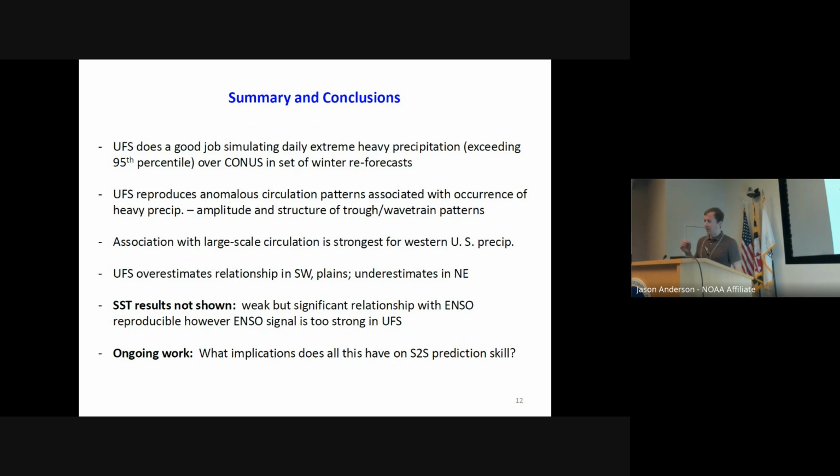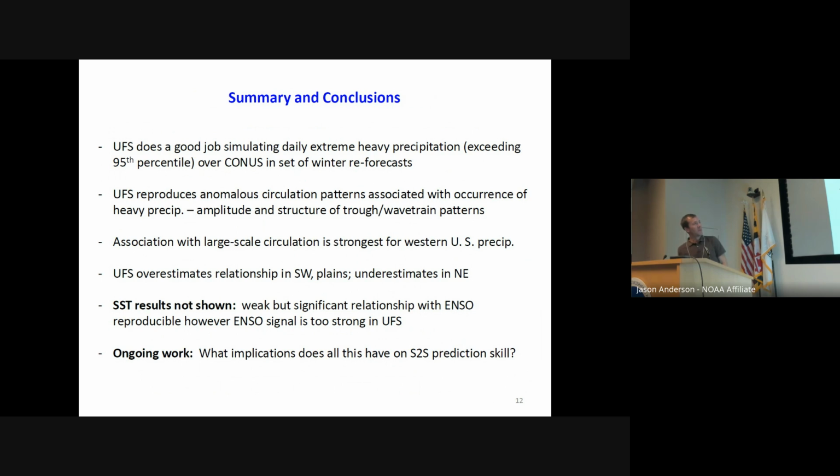And also the PDF, the actual values of the 95th percentile. And the ongoing work is to actually link this to the errors in the first month. I think that was too fresh to show.